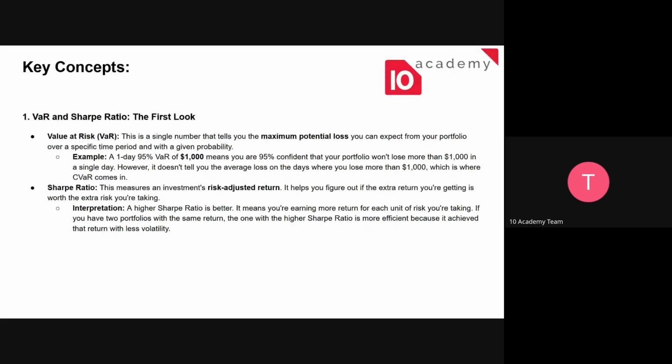It means it achieves the return with less volatility or less risk, because we're having the same return from two portfolios. The one with the higher Sharpe ratio has a lower risk value, so we will prefer that.